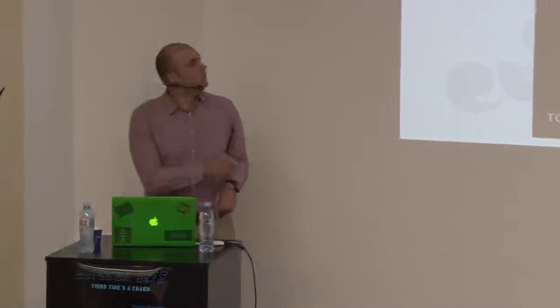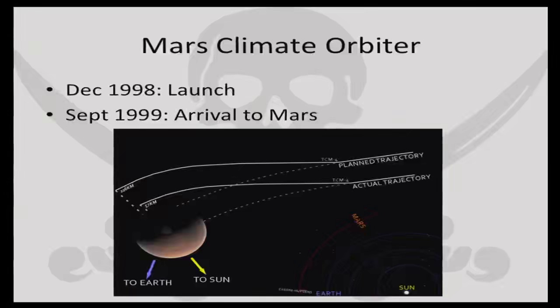Here, Mars Climate Orbiter was launched in December '98. It was supposed to reach Mars and orbit Mars for some time in order to gather information on the climate. What happened is that it entered the orbit lower than it was planned and it crashed.